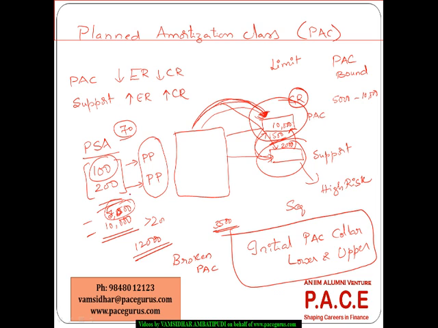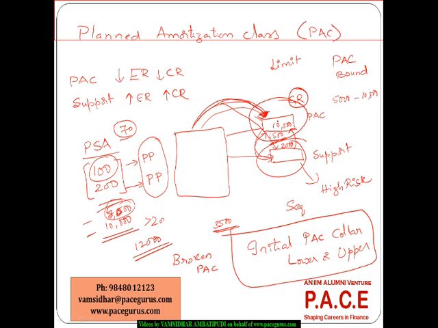The moment the PSA goes outside the limit, it is treated as a broken tranche, and either the risk has to be absorbed by the support tranche in terms of accepting more prepayments, or funds have to be transferred from the support tranche to the PAC tranche, taking up the extension risk as well.